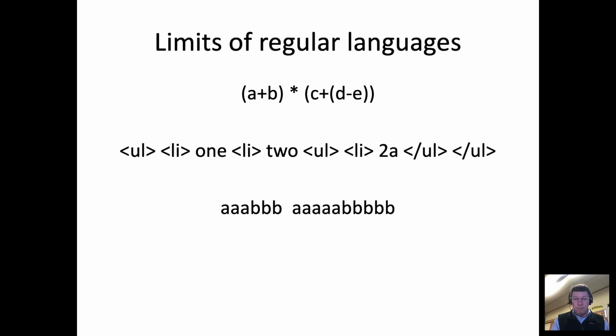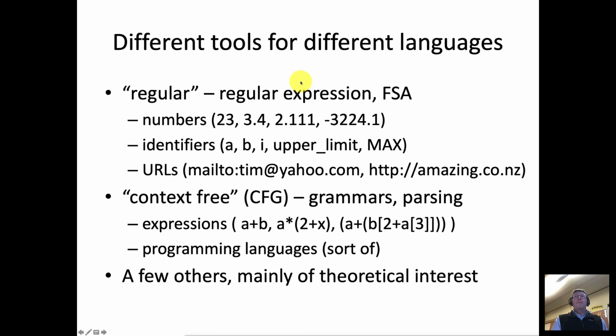One other point that I want to make is that there's a hierarchy of languages. I've talked about regular languages, which are the ones that are relatively simple. They can recognize things like numbers and identifiers and email addresses and stuff like that. The context-free grammars that we've been looking at today, they can recognize things like expressions in most programming languages.